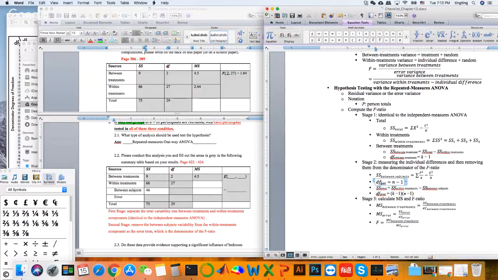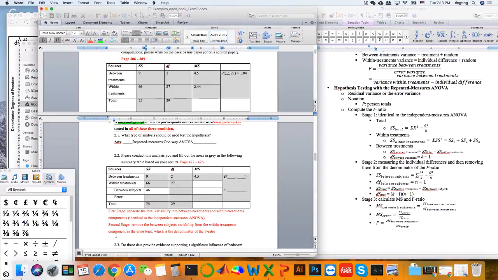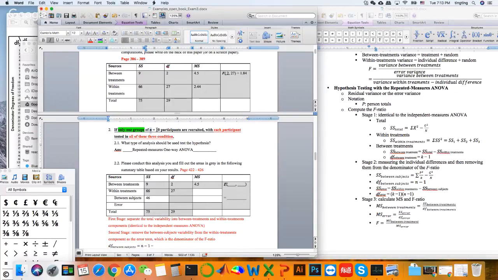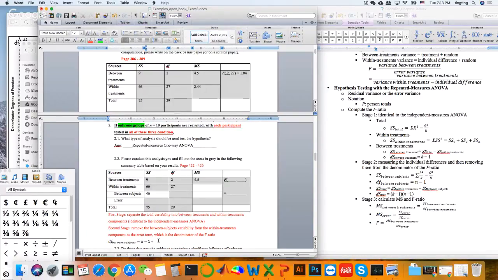Yeah, between subjects. So let's copy this formula right here. This one I gave you the numbers, so you don't need to compute. So we just need to compute the DF between subjects, which equals to N minus 1. Make sure here N is the lowercase n, not the capitalized N. The lowercase n equals to 10, which is 9. Put 9 here.